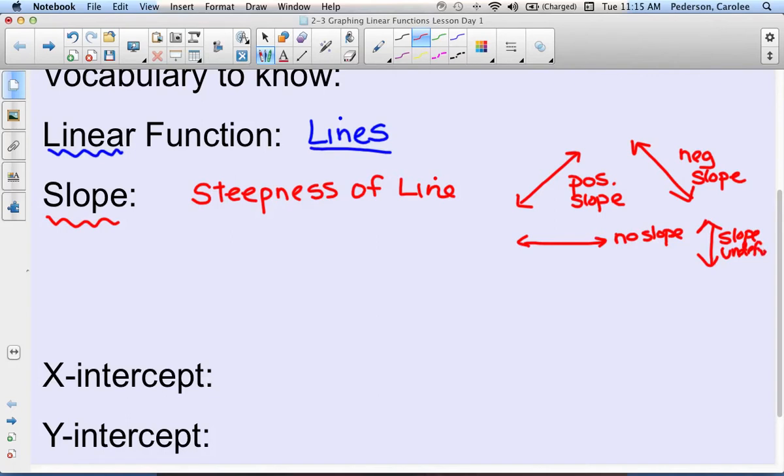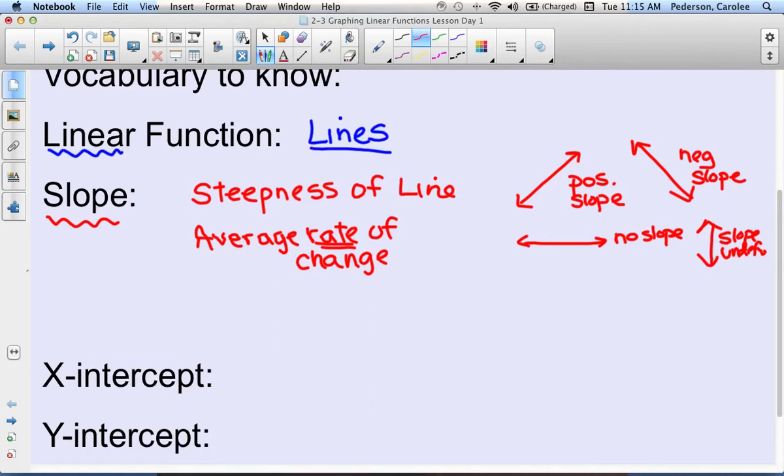You're going to also hear this thing called the average rate of change. The big word there is rate. When you see a rate in an application problem, a word problem, think of that as your slope.